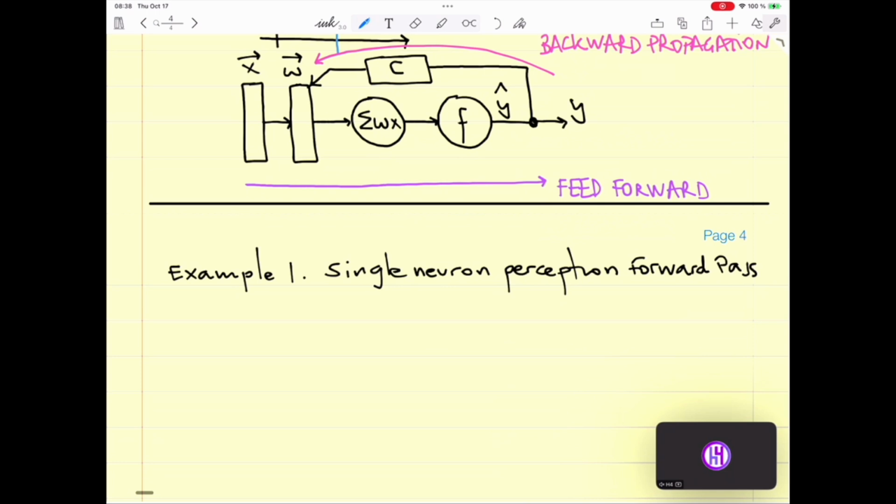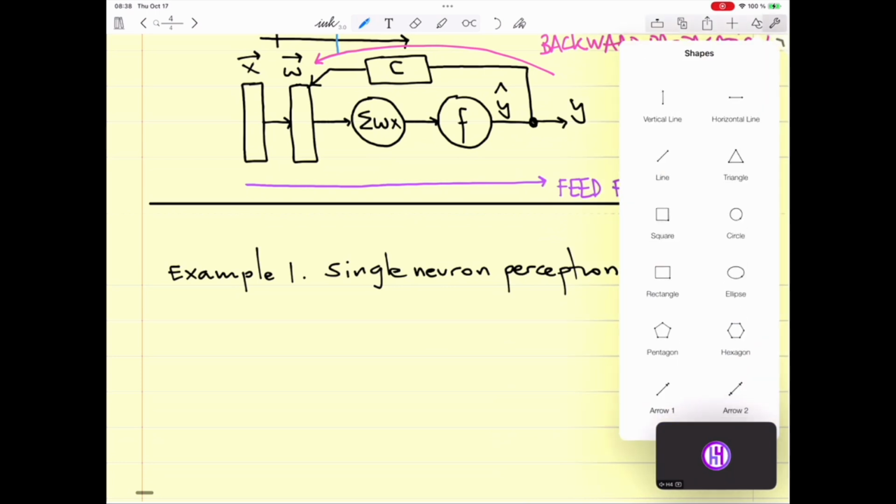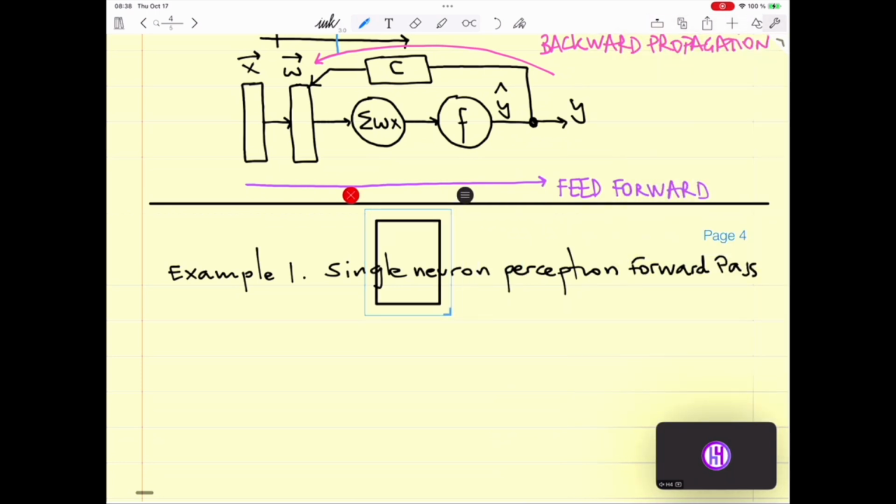For that we are going to take a vector of 3 elements.